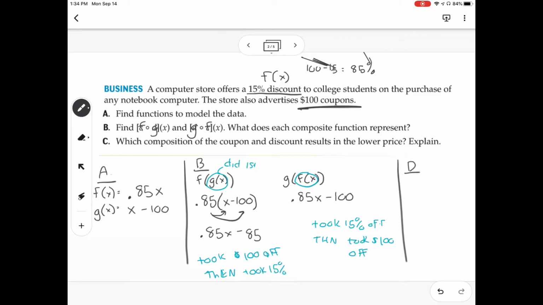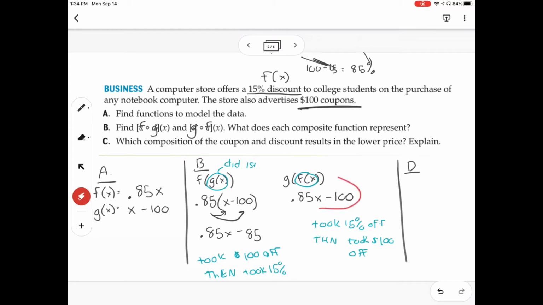And then the last part is D, it says which would result in the lower price. So if you look at these two, we compare our two functions here. We see they both start with 0.85x. That's the same. The difference is the minus here. So if you're calculating a price, would you rather minus $85 or minus $100?